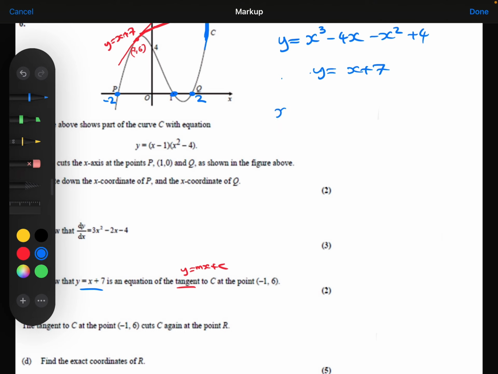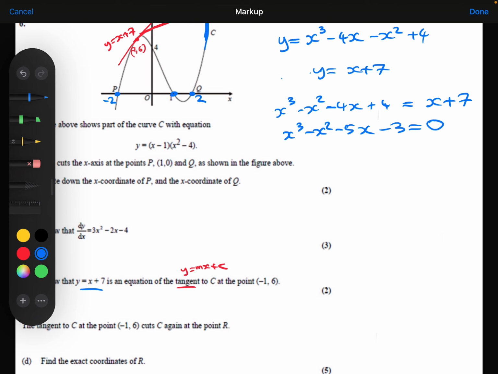So we will have x cubed minus x squared minus 4x plus 4 is equal to x plus 7. Take the x away from both sides and take the 7 away from both sides. We get this cubic equation. We can solve this cubic equation now.